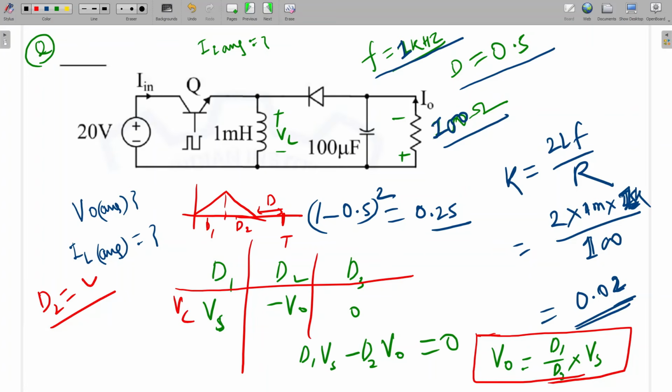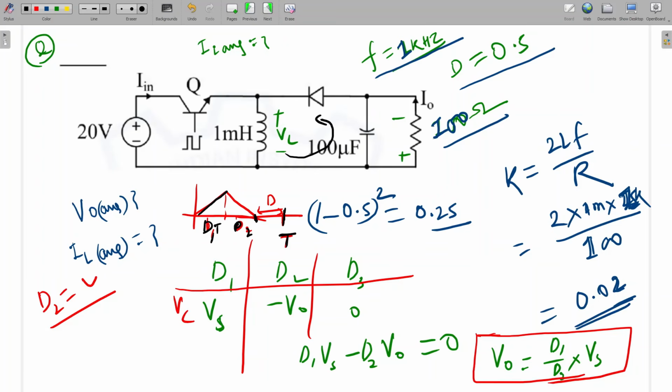Okay, see, D1 means the switch is on. When the switch is on, the inductor is charging. When the switch is off, it will discharge in this way. After this time, the inductor current will be zero, open circuit. So D2 is the time it takes to discharge, but it discharges before the full time period.